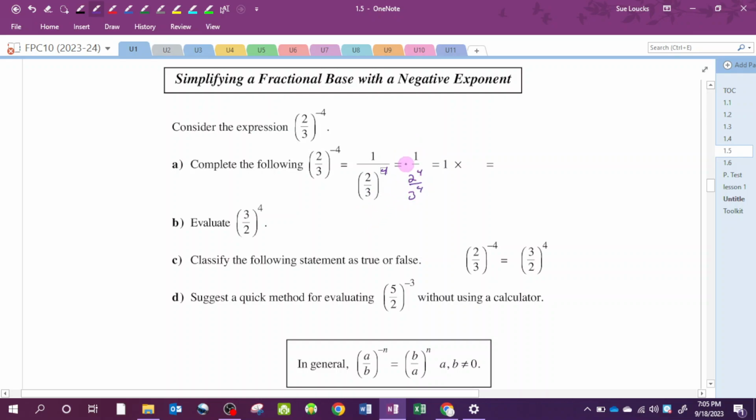So now I'm going 1 divided by this fraction, which becomes 1 times the reciprocal of that. So this becomes 1 times 3 to the 4 over 2 to the 4. So I've just flipped that fraction. And that equals 3 to the 4 over 2 to the 4, which equals 3 over 2 to the power of 4.